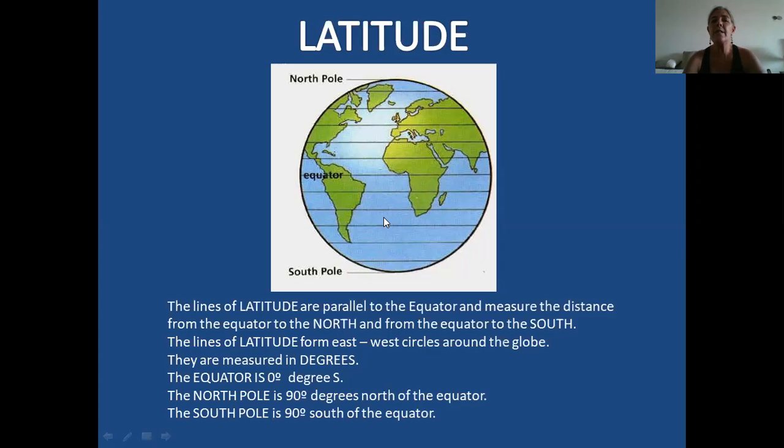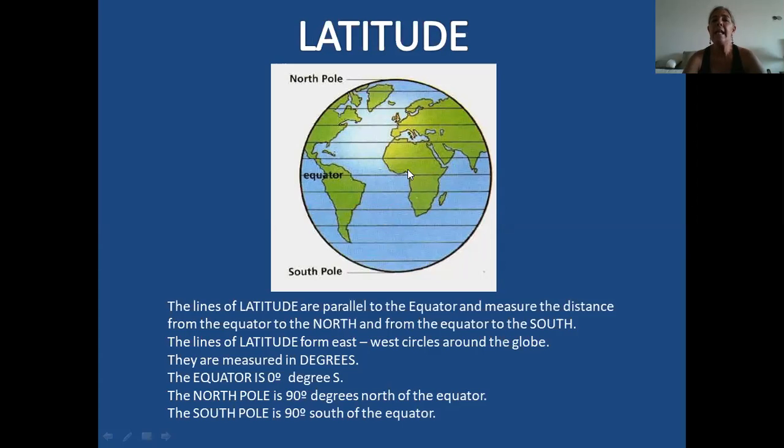Okay, so the lines of latitude, they go all around the Earth, parallel to each other. They are parallel, they don't intersect, and they go all around the Earth, east and west.